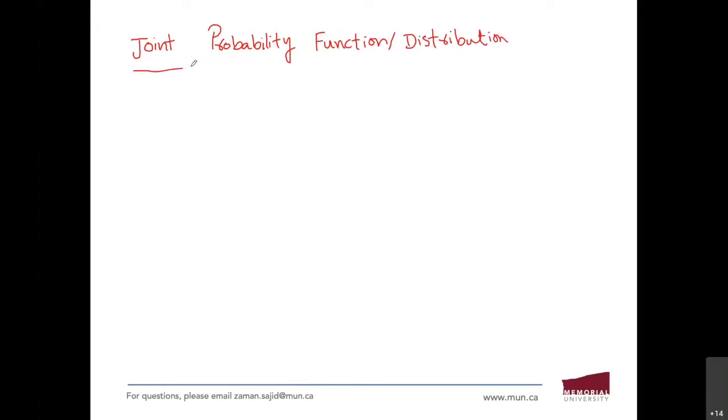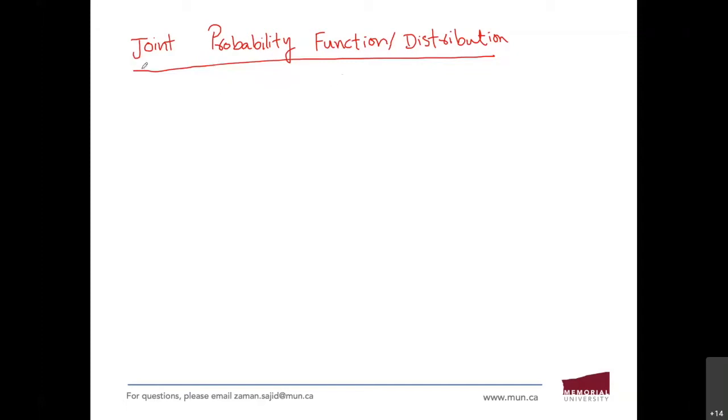That's what we are going to study today. First, we will look at discrete random variables, and then we will look at continuous random variables. So I'm going to start with the discrete random variable.